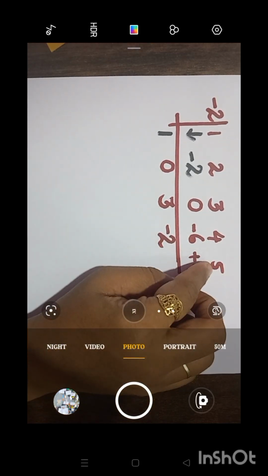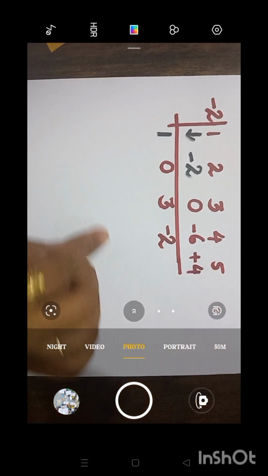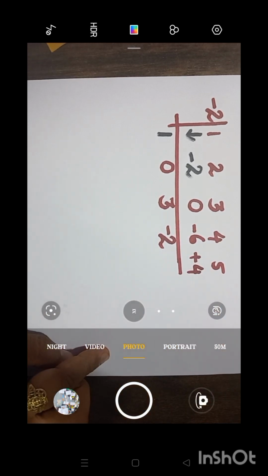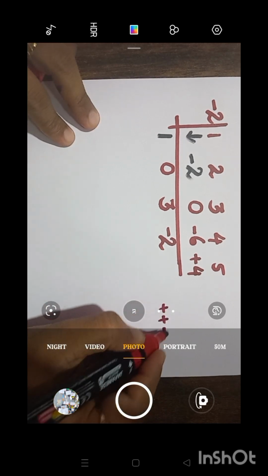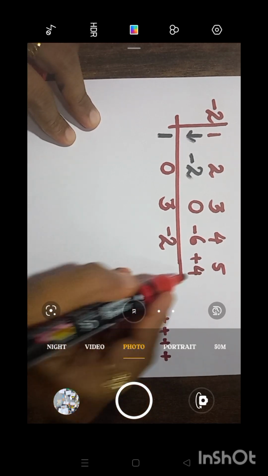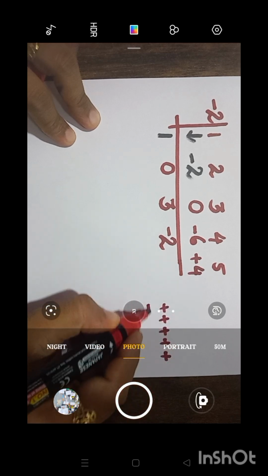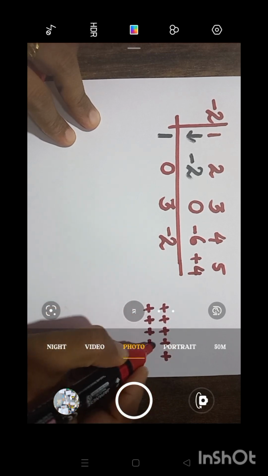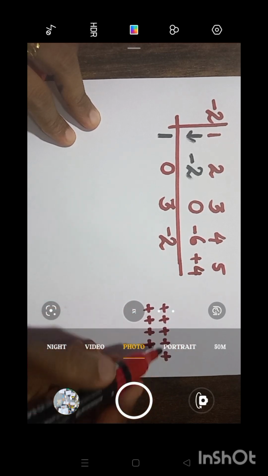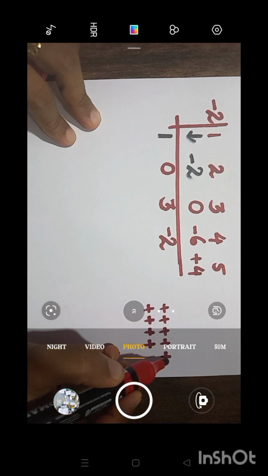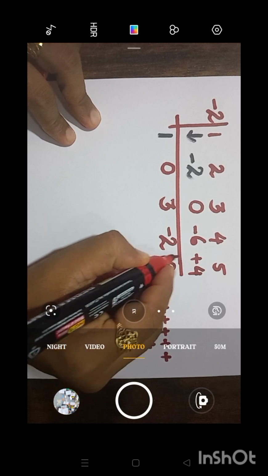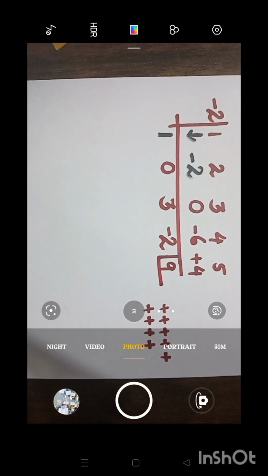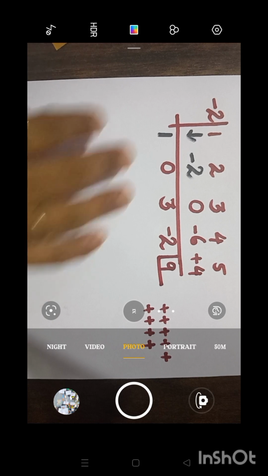This 5 is positive, so I'll take 5 red, 1, 2, 3, 4, 5, and this 4 is also positive, so 1, 2, 3, 4. So you will get 1, 2, 3, 4, 5, 6, 7, 8, 9. You will get 9 positive numbers, so don't give any sign. Okay, so this is the division.